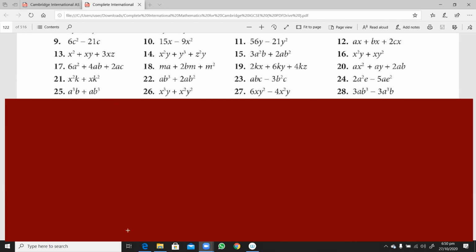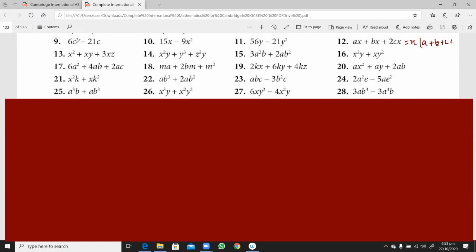Okay, you try from 11 onwards. I start with Mustaqim. Mustaqim, did you try this 12th one? x into a plus b plus 2c. Exactly. It is x into a plus b plus 2c.